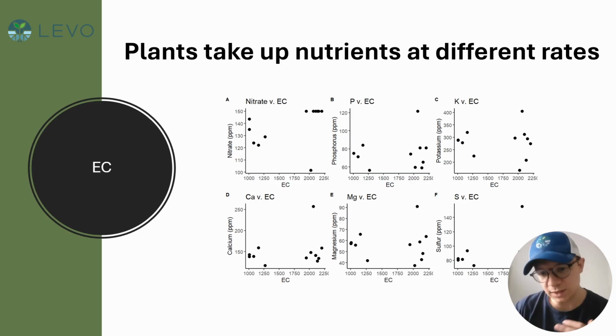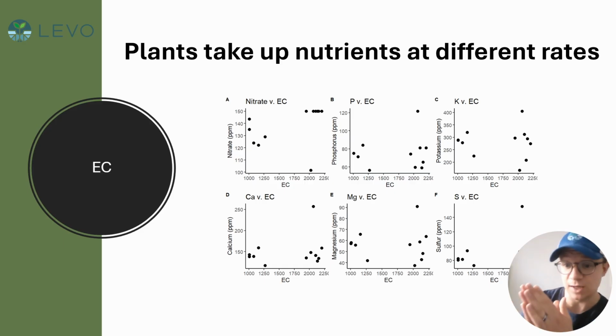You can see here, in the top left figure, nitrate versus EC. On the y-axis we have nitrate, and on the x-axis we have EC. We don't see a clear relationship between these, at least not on a linear basis.